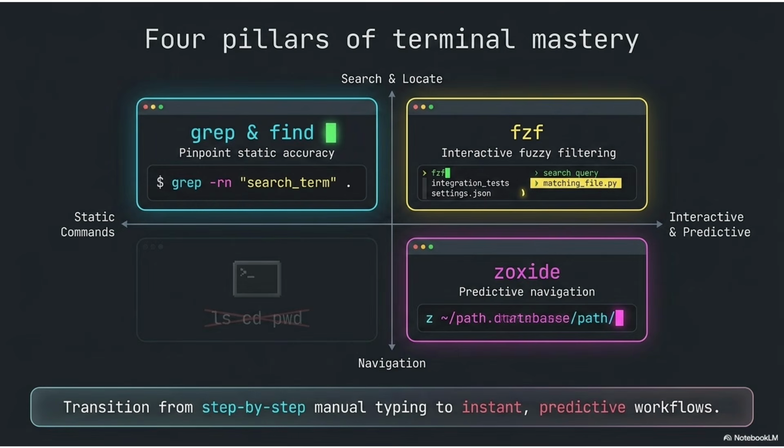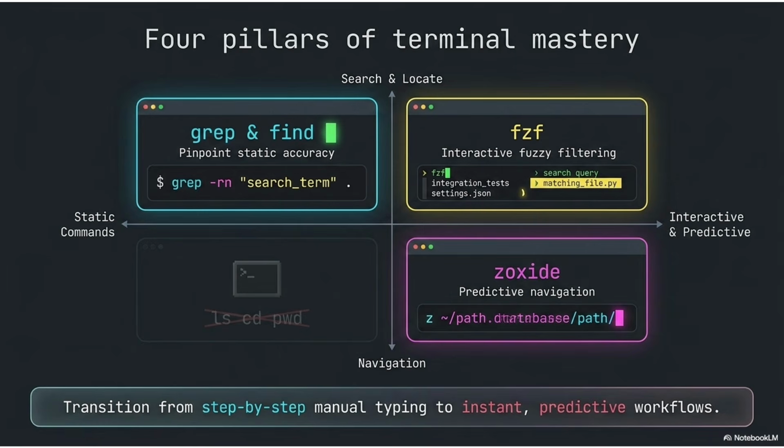This slide maps the 4 pillars of terminal mastery onto a conceptual grid. The horizontal axis runs from static commands to interactive and predictive. The vertical axis runs from navigation, search, to locate. grep and find live in the static search and locate quadrant.